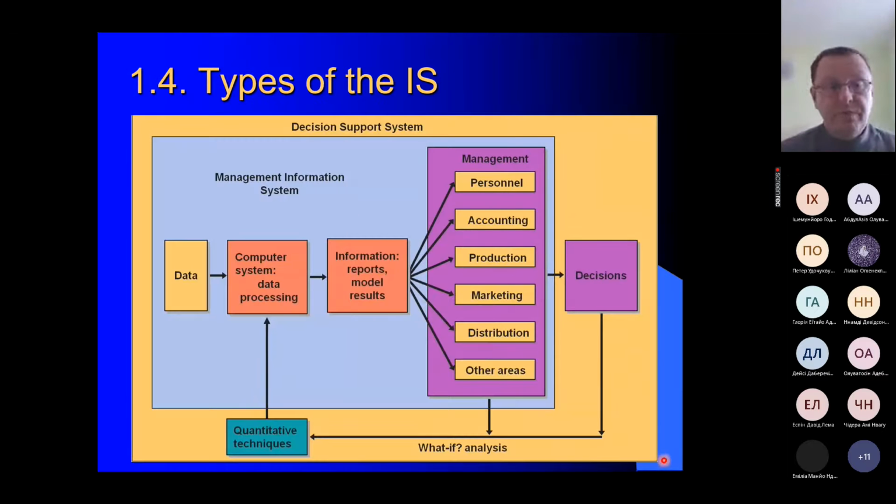So here is how we can join management information systems and their further development, decision support systems. Within a management information system, the significant final decisions are made by humans.